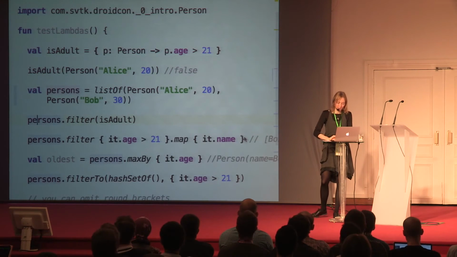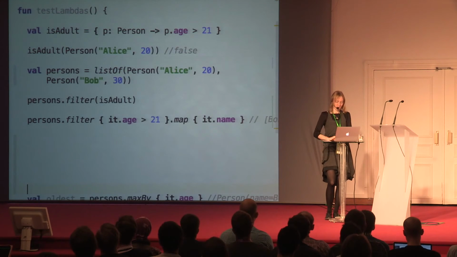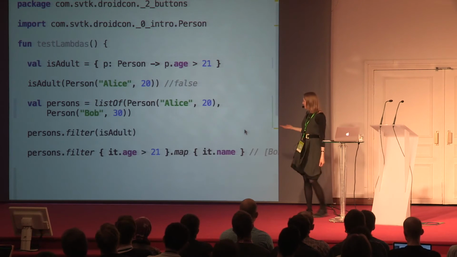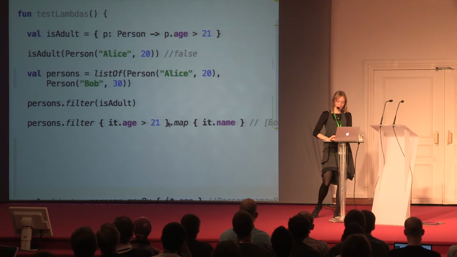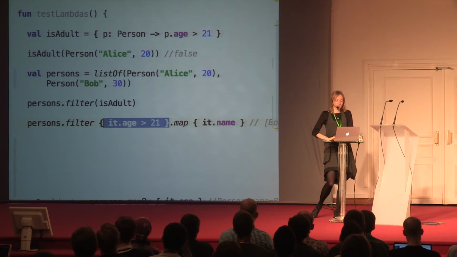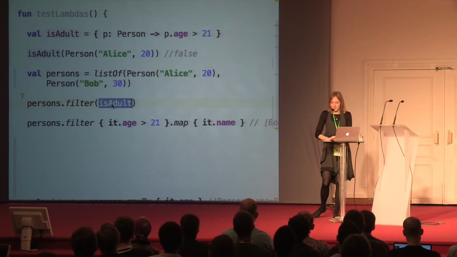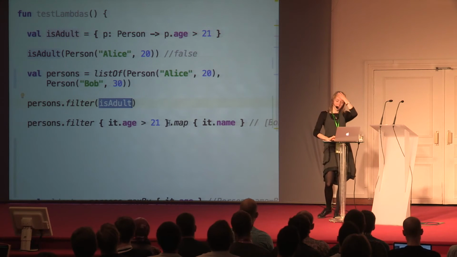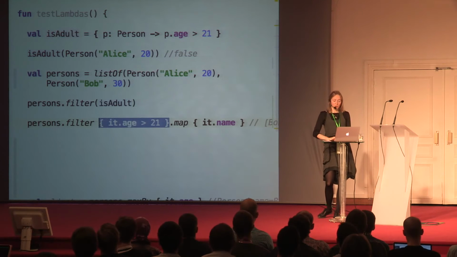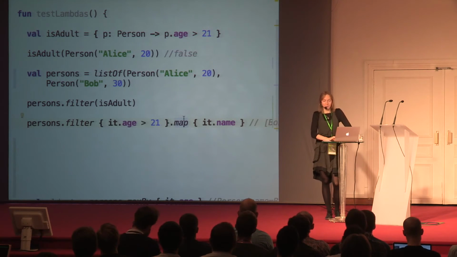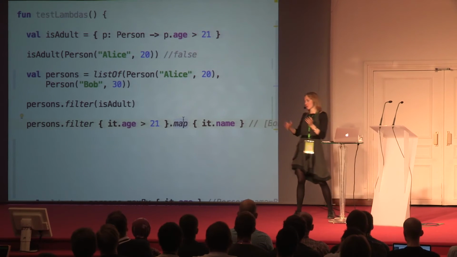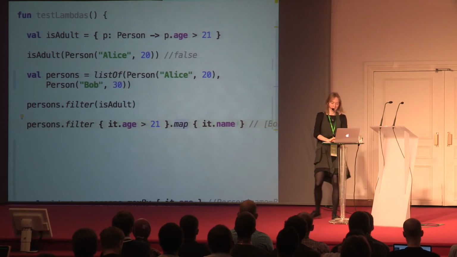So you can filter this list as before. You can pass an expression to it, or you can pass a lambda. What you can do next, you can then, for example, map this list of persons to just a list of names, like in this example.